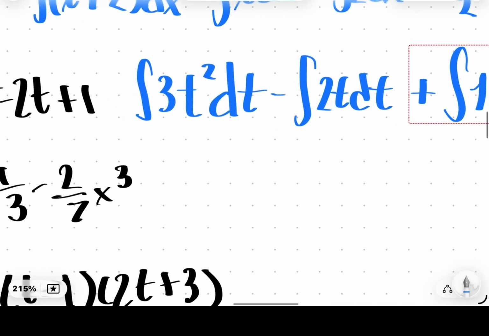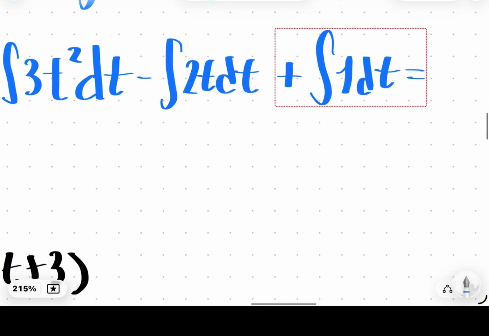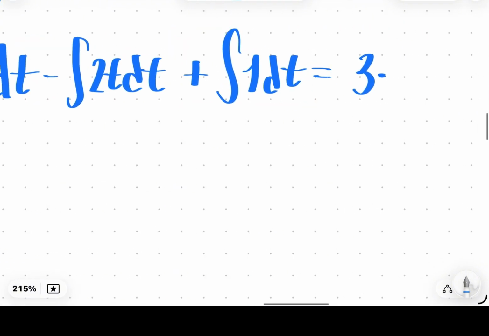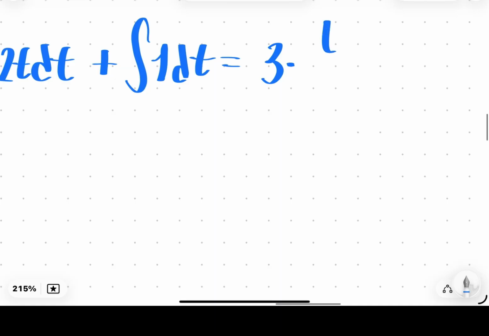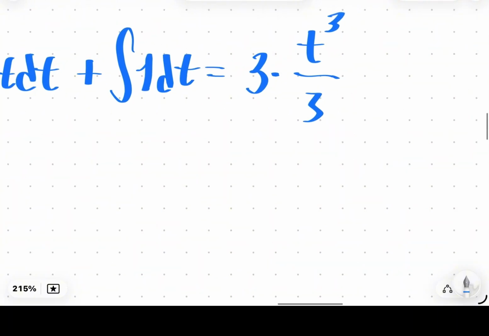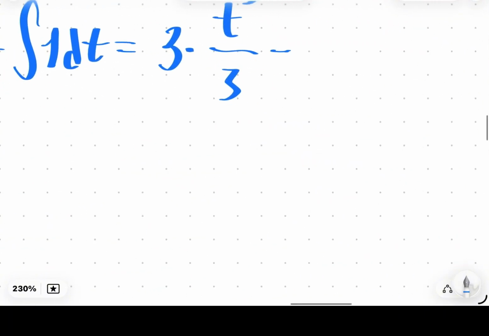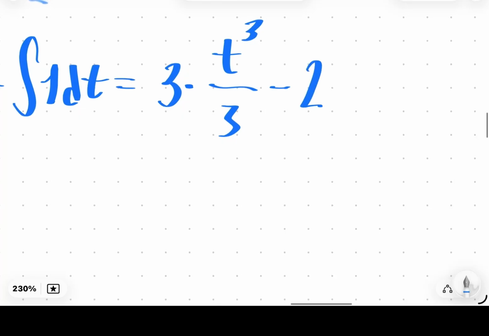For 3t squared, the integral of that, you can take the 3 out and multiply it times t squared. So you do t to the 2 plus 1, which is 3, and then over 3. And then minus 2t, which is similar. Take that 2 out, and then t to the 1 plus 1, 2, over 2.